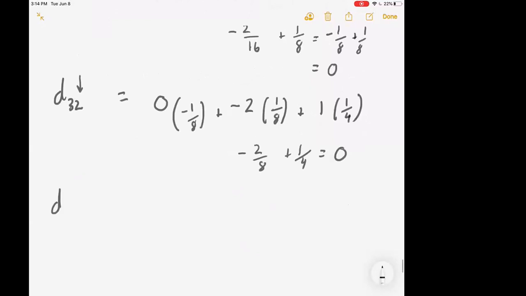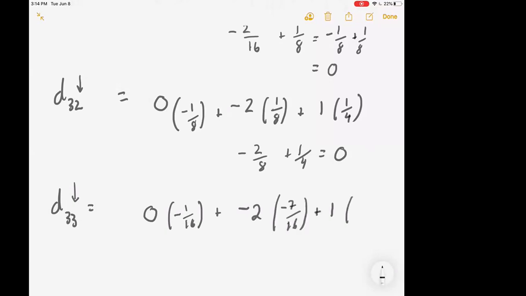And the ninth and final matrix element, again, I'm looking at the third row of the first matrix. These three matrix elements are the same, but I have new data when I look at the third column of the third matrix. So I have minus 1 over 16 plus minus 7, minus 2 times minus 7 over 16 plus 1 times 1 over 8.